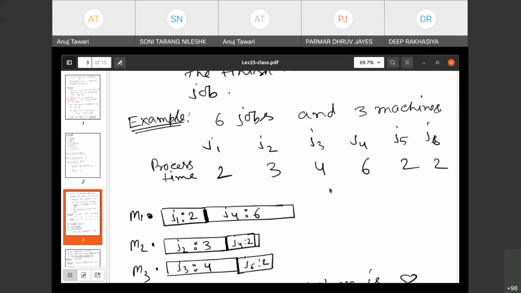The thing is that when these values are very closely spaced to each other, you can always find such a thing. But let's assume that I pick very large values. One takes 2 hours, another takes 100 hours, another takes 1,000 hours. Then in general, it can be very difficult to get such optimal partitions.